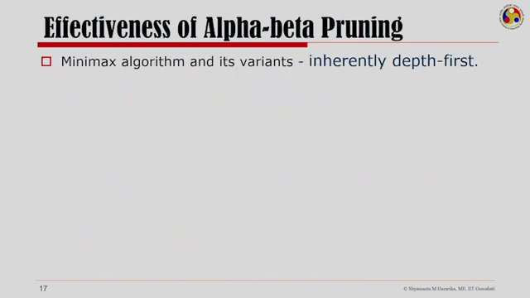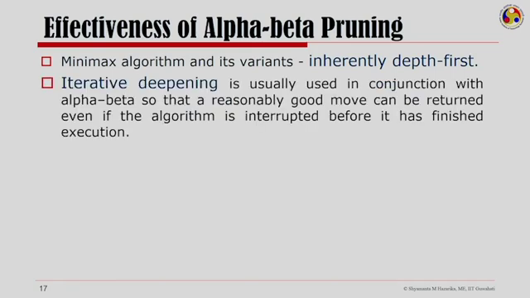Now the minimax algorithm and its variants are inherently depth first search. So there are improvements on minimax with alpha beta pruning by using some better strategies for depth first. Like we could have iterative deepening, which is used in conjunction with alpha beta pruning, so that a reasonably good move can be returned.